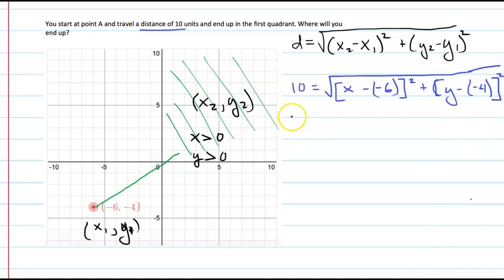And so now let's simplify this a bit. So x minus negative 6 is just x plus 6, and y minus negative 4 is just y plus 4.